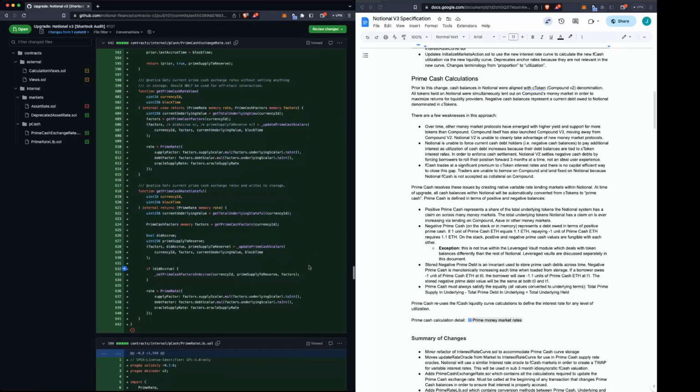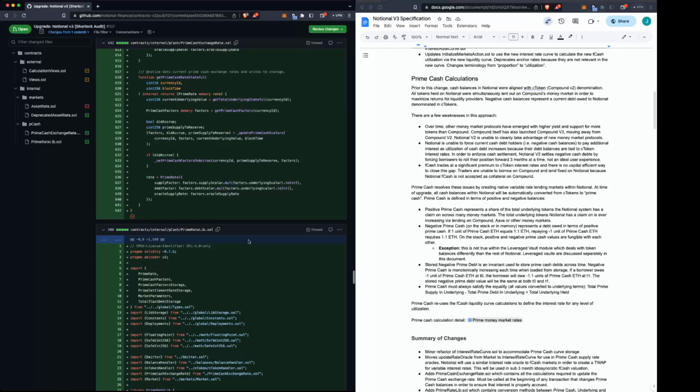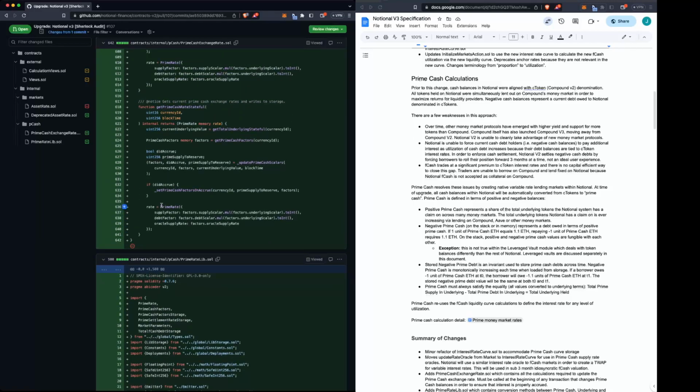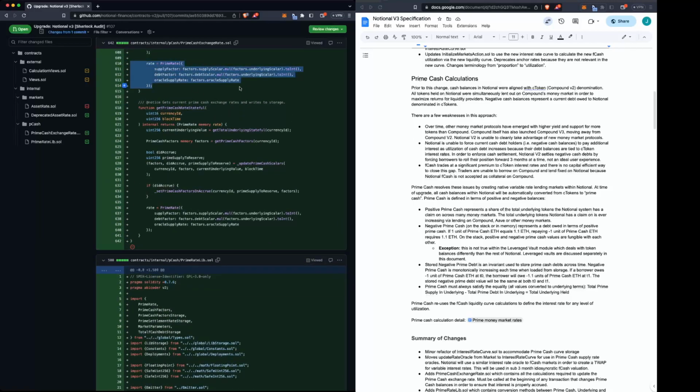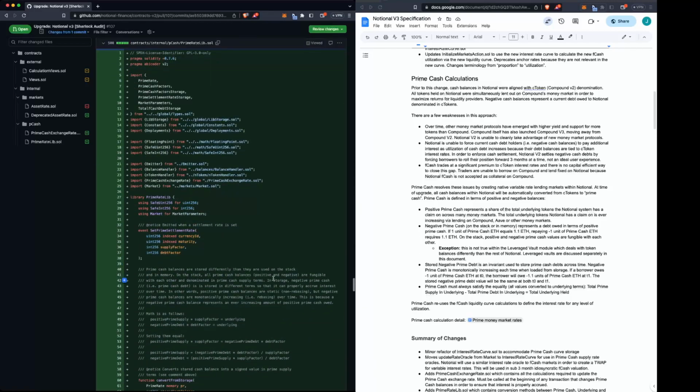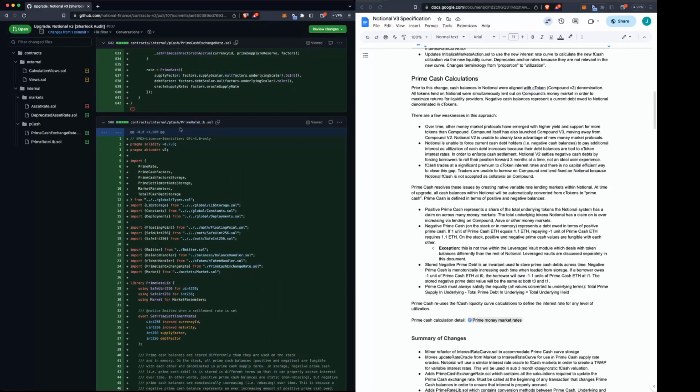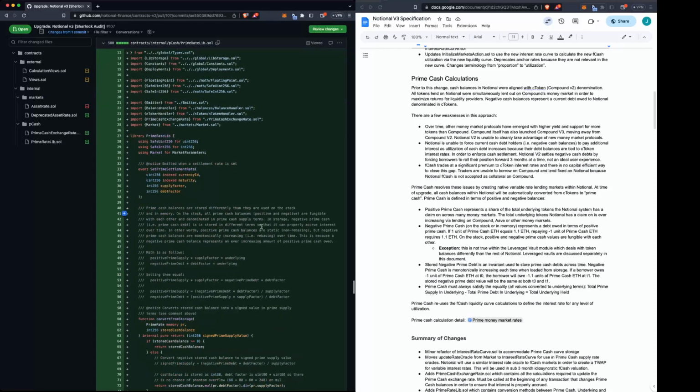That's kind of it. So we expose two methods here: one to get the prime cache as a view function, and this one statefully, where it actually does update state. Now these return a prime rate object, and the prime rate object is used throughout the code base through this prime rate lib.